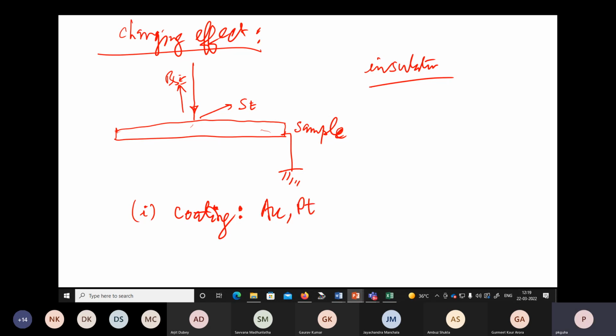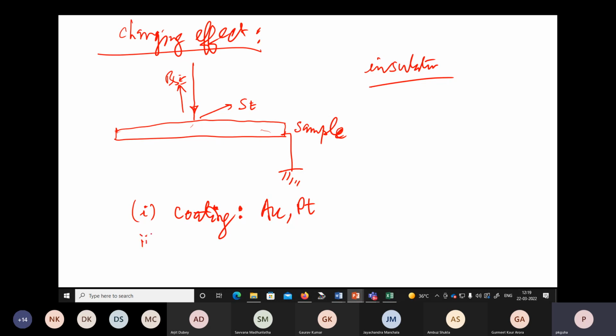A very thin layer of gold or platinum, just a few nanometers, is used to coat the sample so that it becomes conducting and it is easier for the incident electrons to escape to the ground. So this is one technique.